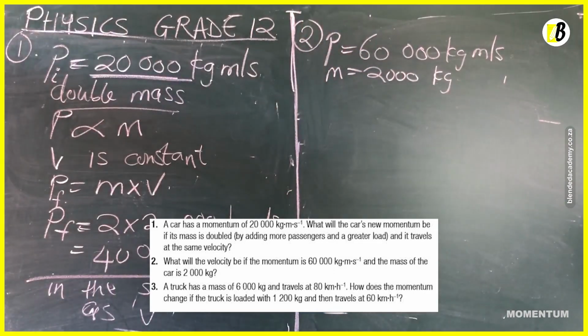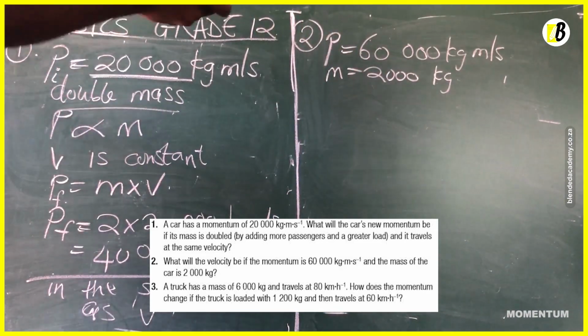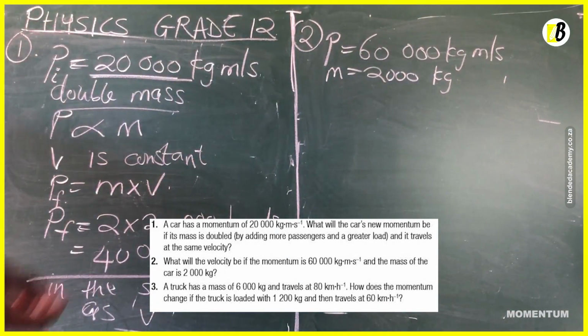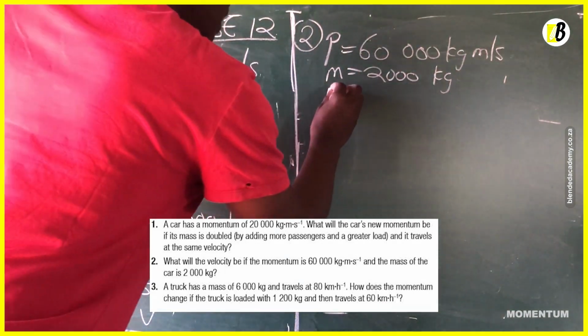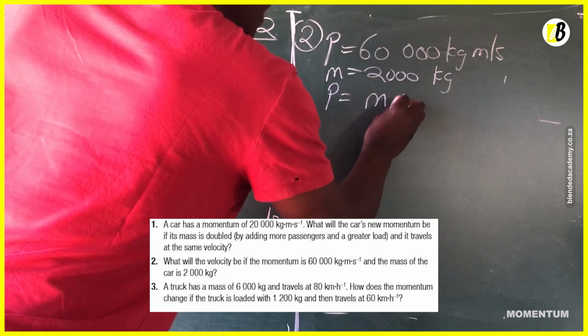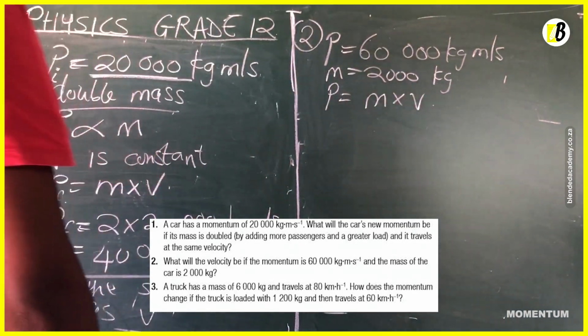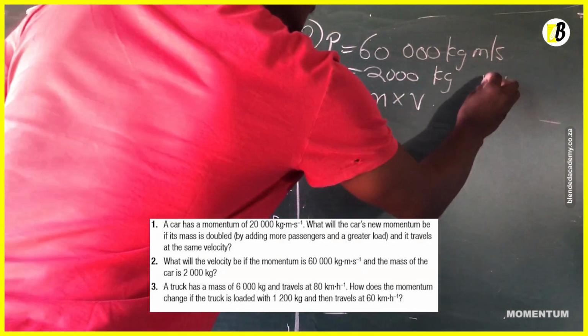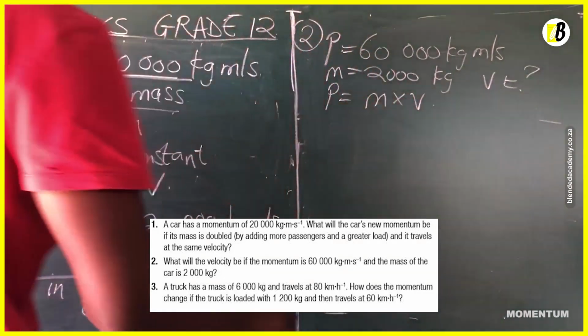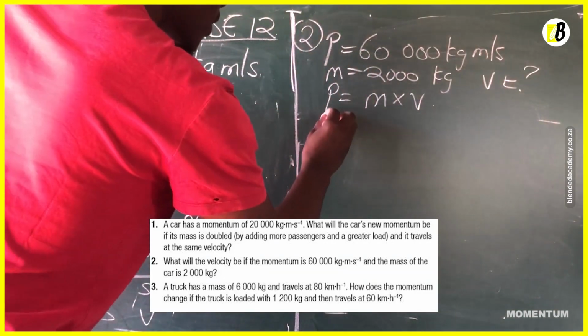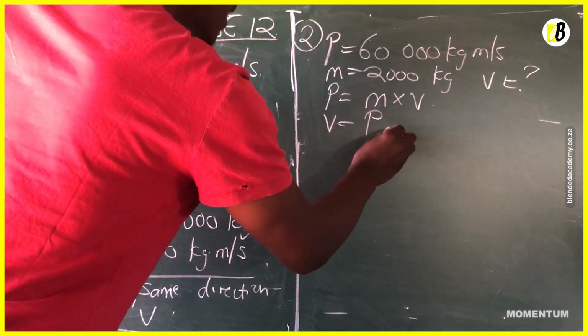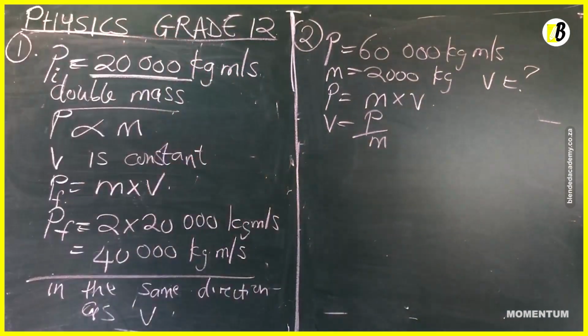So now they want us to find the velocity. We're given the momentum and also given the mass. So we need to go back to your equation, which says momentum equals mass times velocity. And then from that equation, you need to make velocity the subject of the formula. So it's going to be velocity equals momentum divided by mass.